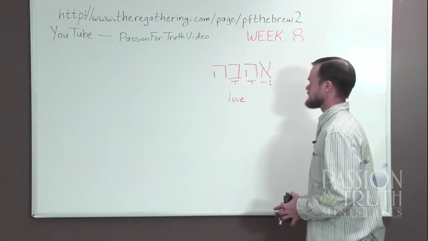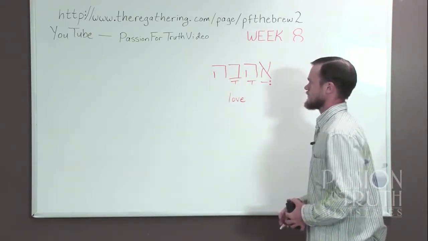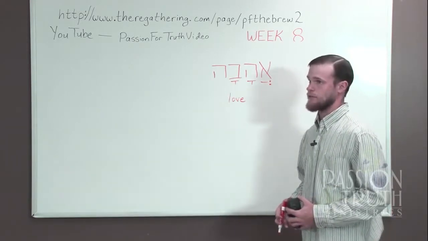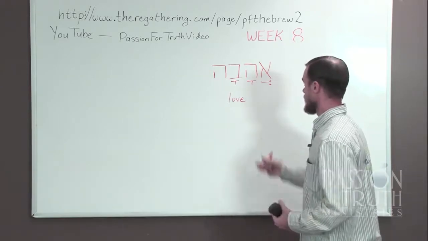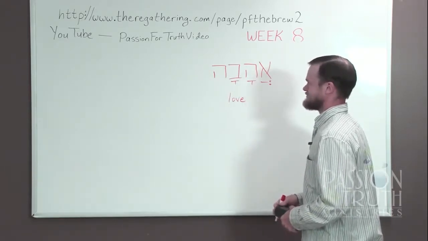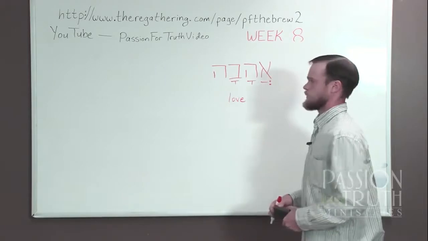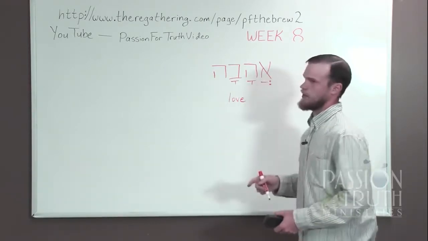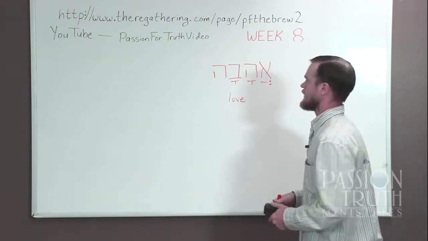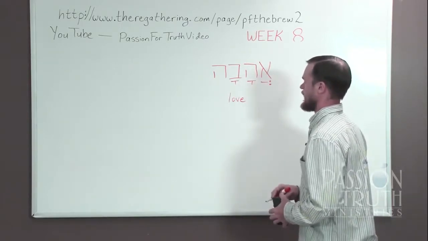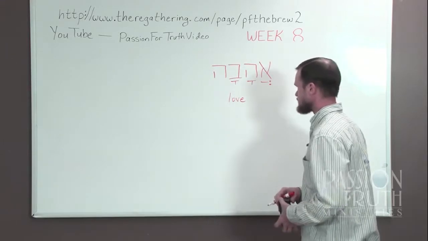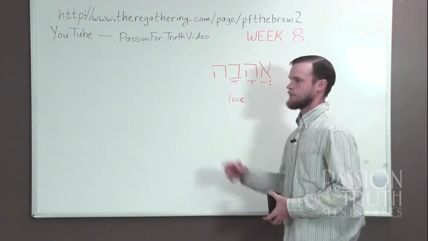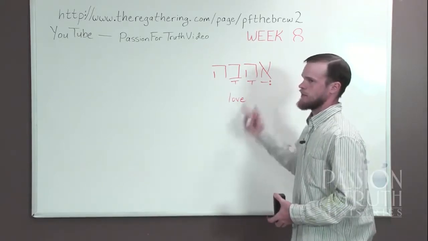Of course, you'll hear people teach on the difference between the Greek words that are all translated love, which have their technical differences. Hebrew really, I've heard people talk about different words that could be translated love. If you see love, it's ahava, more often than not. There's other words that mean other things, but the sense of being attached to someone or something, this is the idea conveyed by ahava.